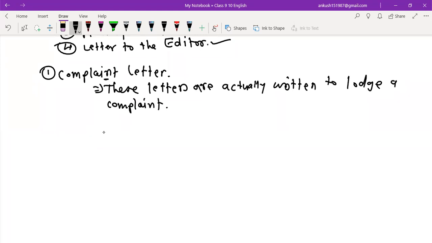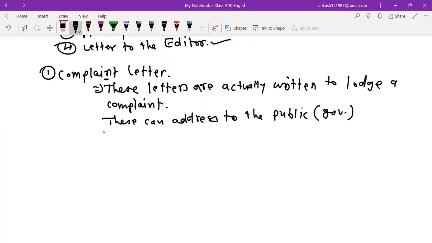Now the complaint letters can be addressed to a public or private company or organization as well. These can be addressed to the public, meaning government, or private companies or organizations.